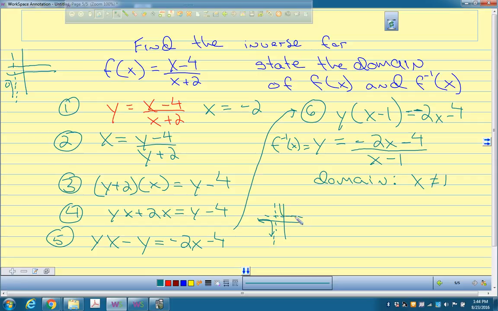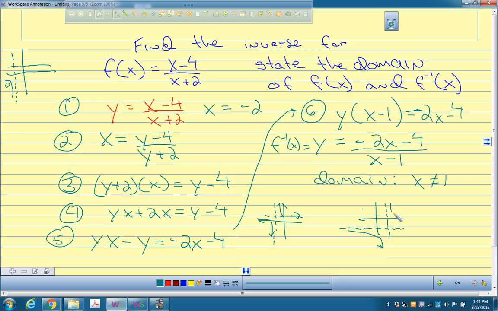It has asymptotes at x equals positive 1 and y equals negative 2. Yeah, y equals negative 2. So this one looks like this.